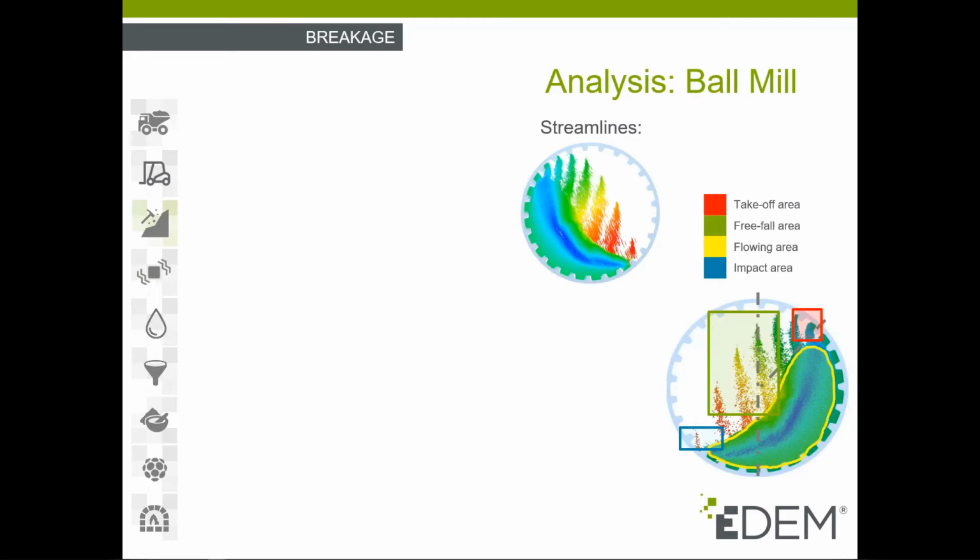So we have the flowing area, where most of the material flows around and is slowly grinding itself due to friction. We also have the takeoff area at the top, the freefall area, where the material and the steel balls accelerate under gravity. And we have the impact area, where the most aggressive milling takes place as a result of the impact.